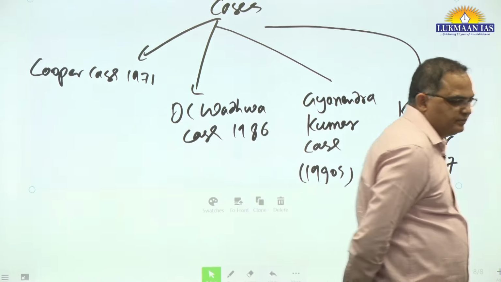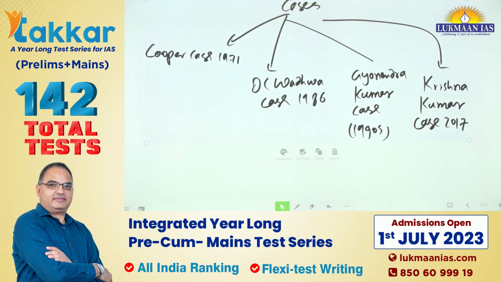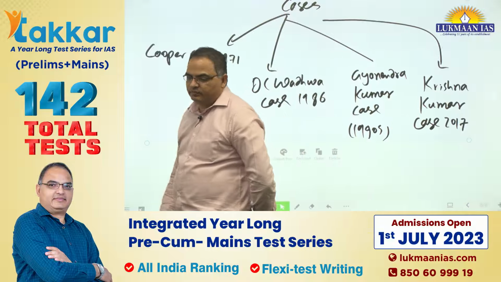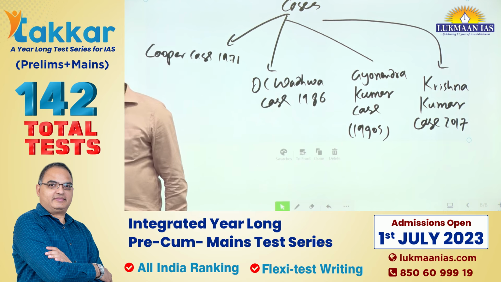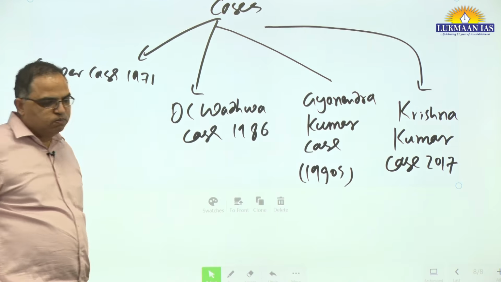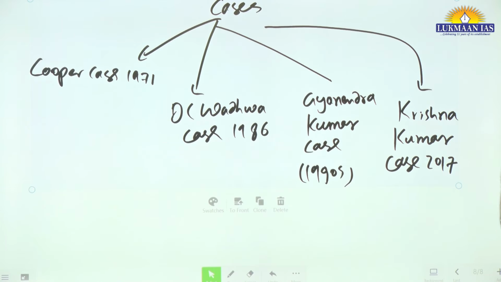Interestingly, union and state governments have gone on repromulgating ordinances after 2017.